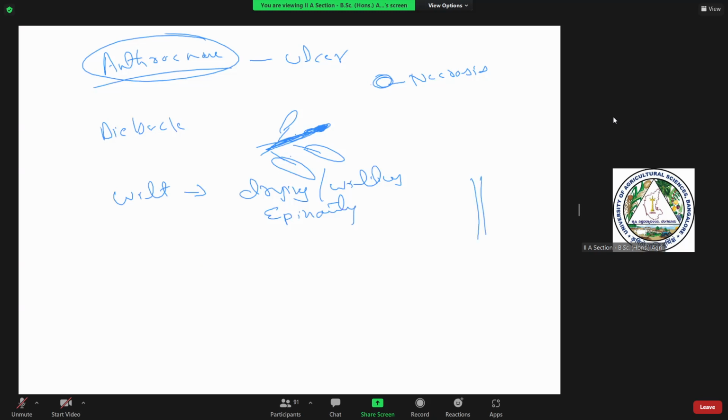Epinasty is something like, the leaves droop, the lower portion of the leaves droop. Loss of turgidity is another symptom of a wilt disease. That is, leaves and other green parts lose turgidity, become flaccid and droop.